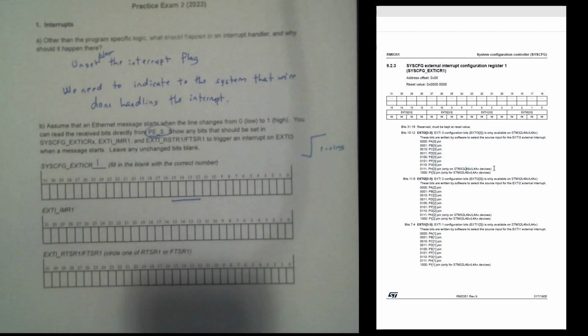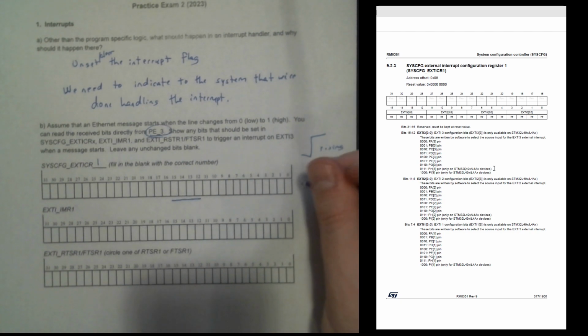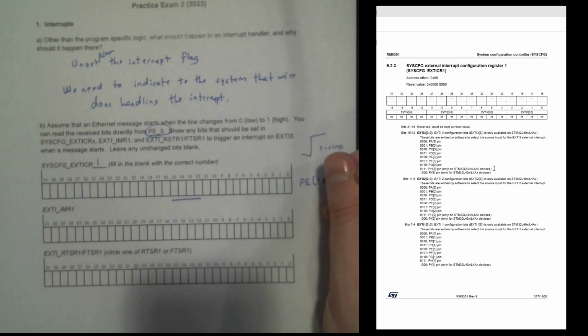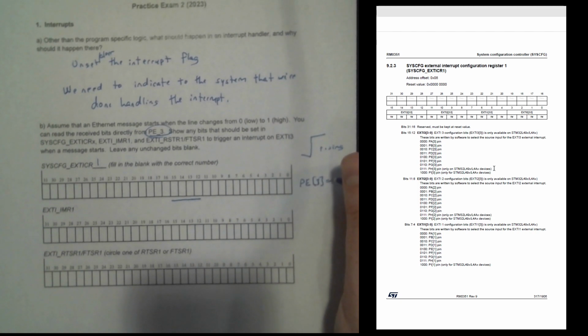It says we've got EXTI3, and this configuration is written by software to select the source input for the EXTI3 external interrupt. And we can see that one of these is listed as PE3, listed a little bit differently, right? So we do have to know that PE bracket 3 is equivalent to PE underscore 3.